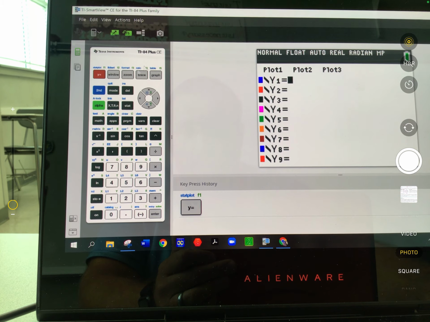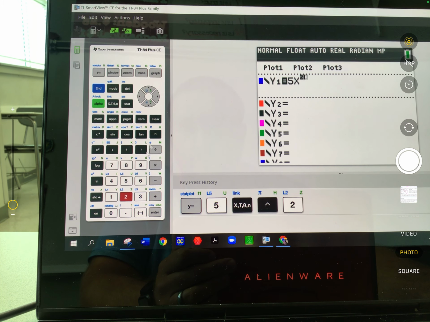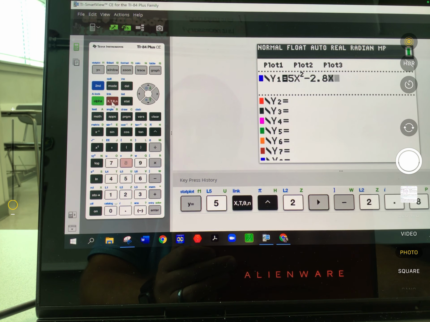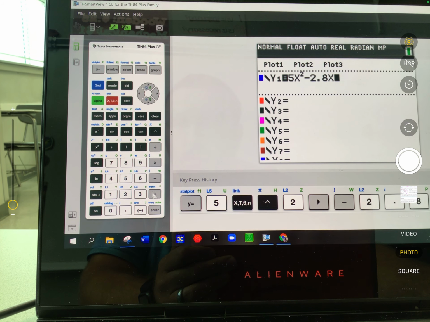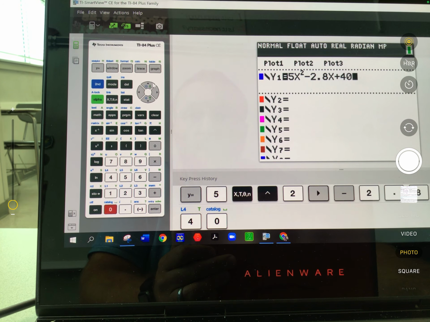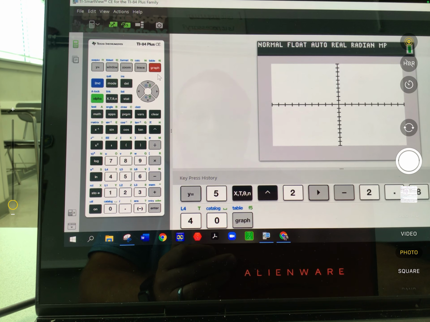Let's type it in: 5x squared minus 2.8x plus 40. I know it's going to be U-shaped because of the x squared. Let's see it.